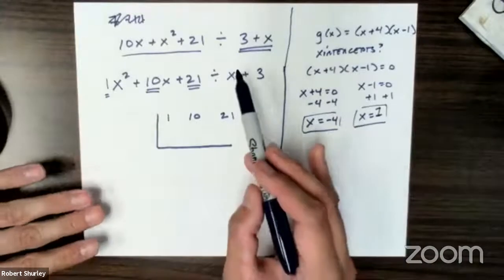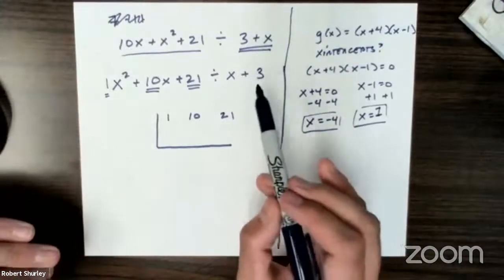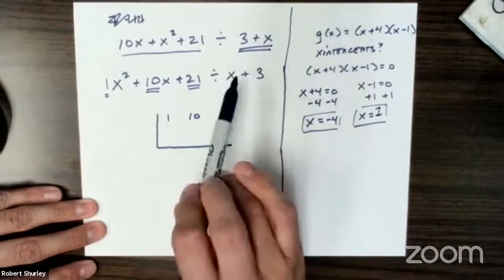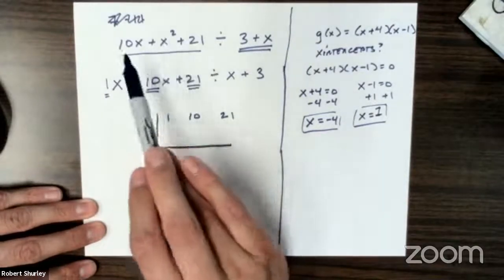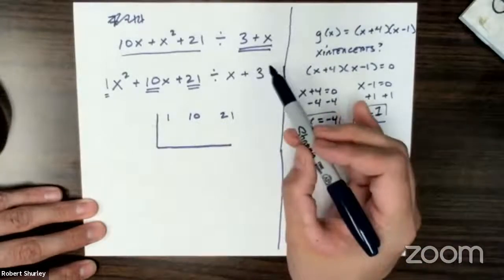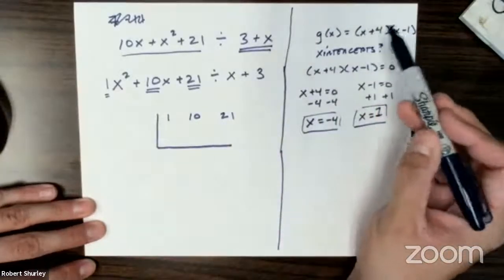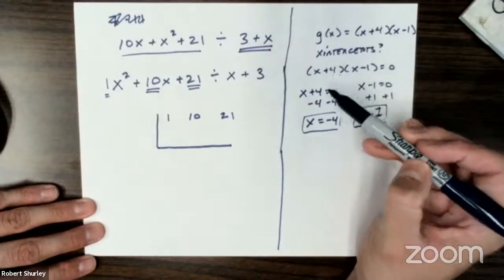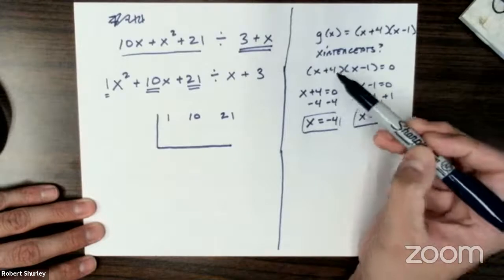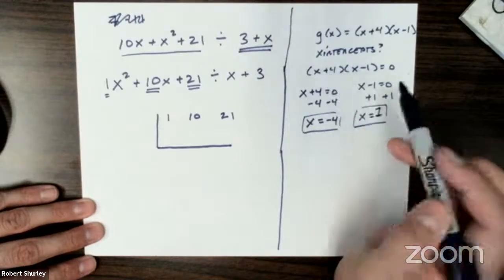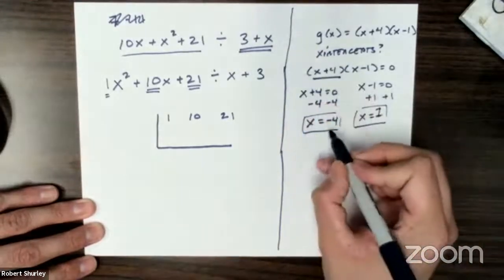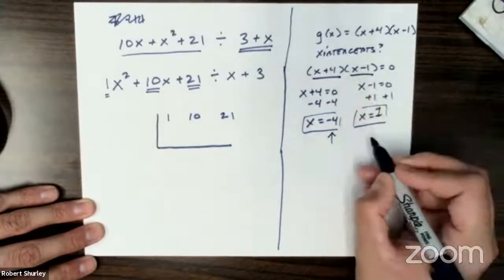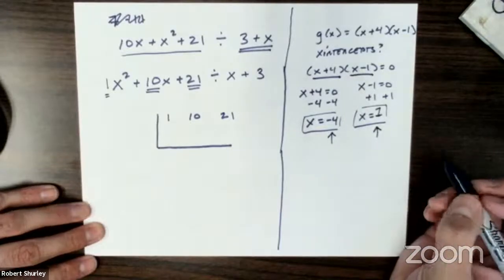Now, look, over here, we're really testing to see if this divisor is a factor of this dividend. But look, if it is a factor, then the solution that comes from it has an opposite sign as inside of the factor. So, x plus 4 here, the solution winds up being negative 4, right? x minus 1, the solution is a positive 1.